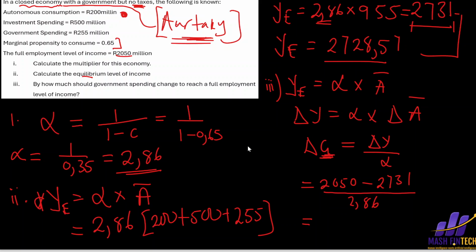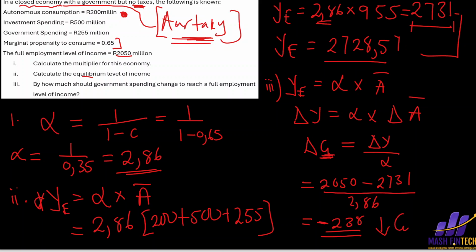You must get 238. It's a negative 238. So what this means, because it's a negative, is that the government must decrease its spending by 238 million.